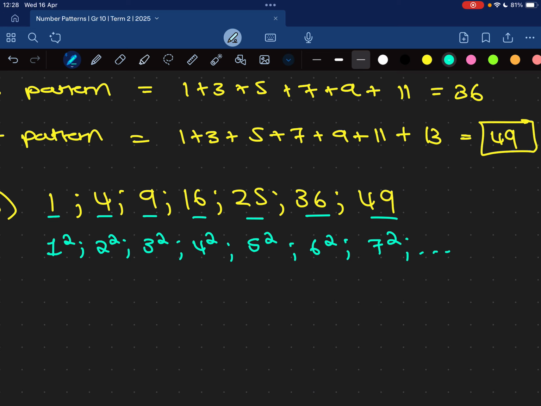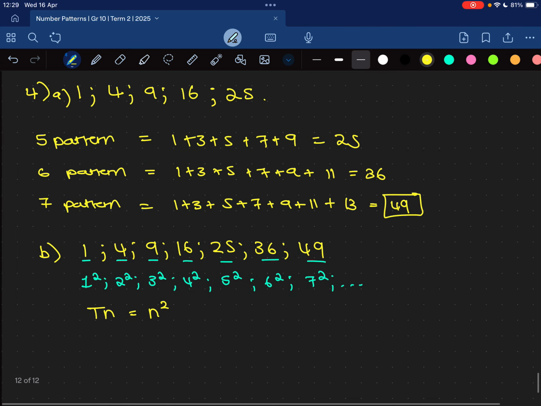So it's basically each term number squared. So if we wanted to use a general rule for this, we could find any term by just saying Tn is equal to n squared.